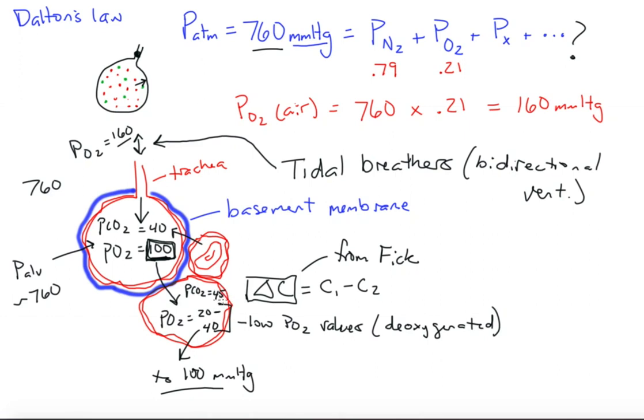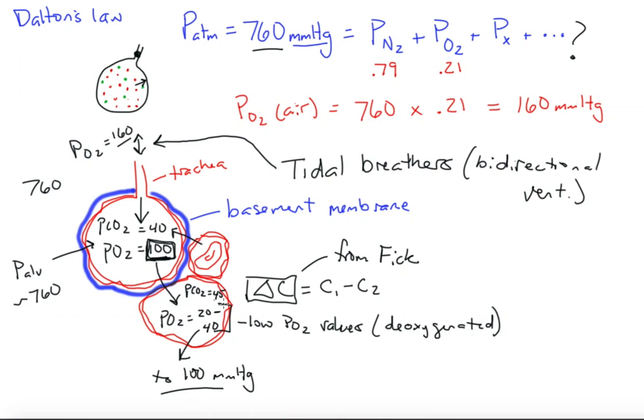You might think, wow, that's a small gradient. The diffusion is really going to be lousy, except for the fact that carbon dioxide much more readily moves in and out of gases, right?